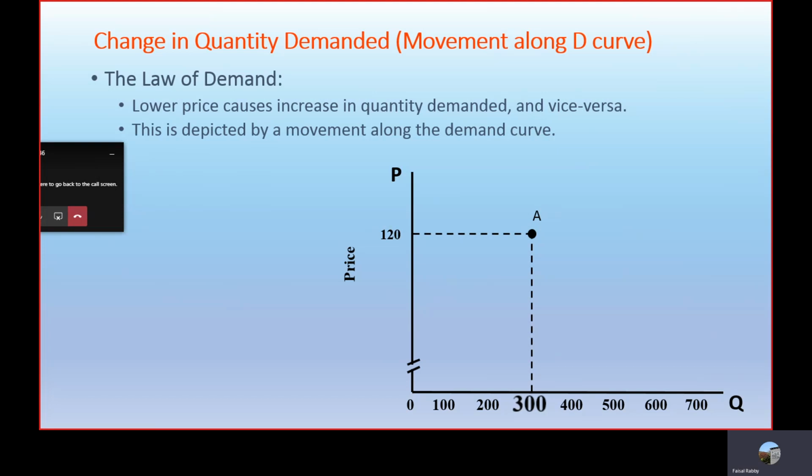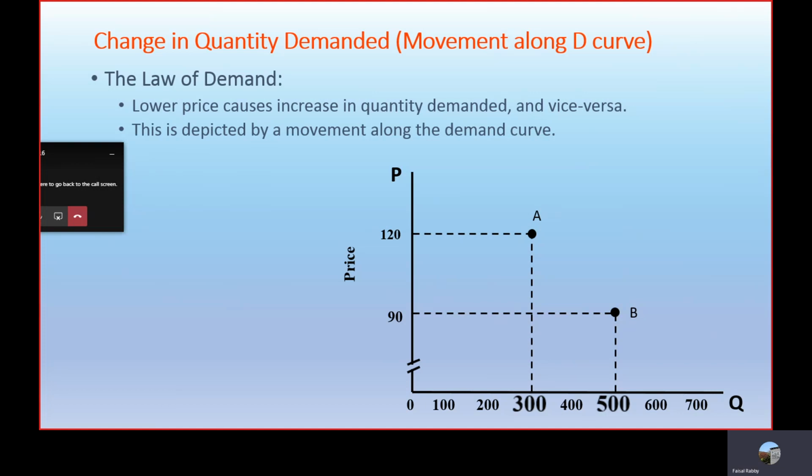On the other hand, we also know that, other things unchanged, if price was cheaper, then more than 300 would be demanded. Let's say price went down from 120 to 90, then about 500 units would be demanded. The point that coordinates this lower price to this higher quantity demanded, 500, let's call that point B. Now, if we just connected point A and point B, we would get a demand curve.